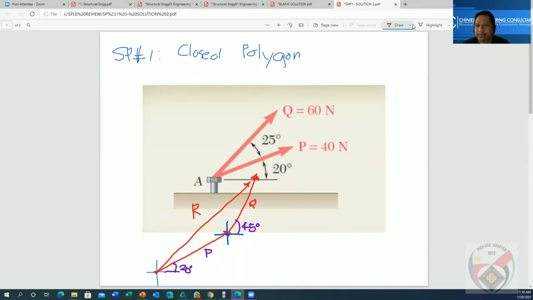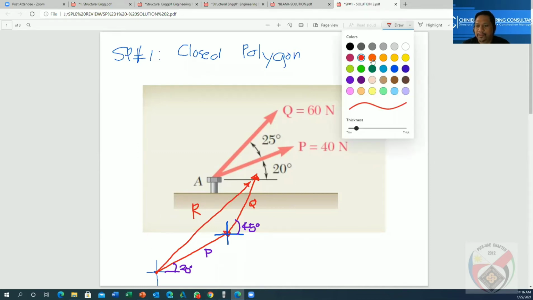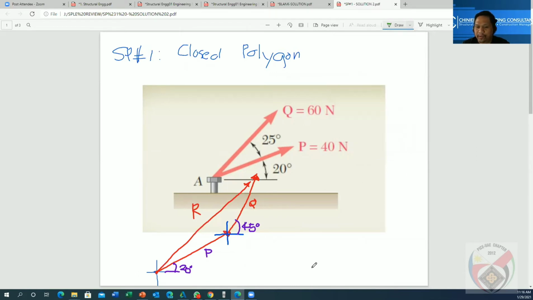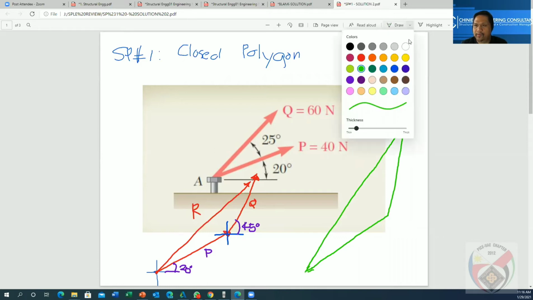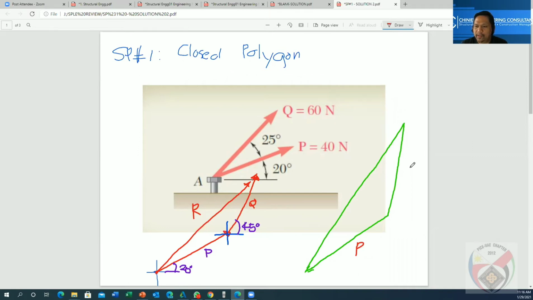Ngayon, pag nabuo nyo na yan, ang gawin natin, isolate natin yung triangle. So, this is P. This is Q. This is R. Okay?